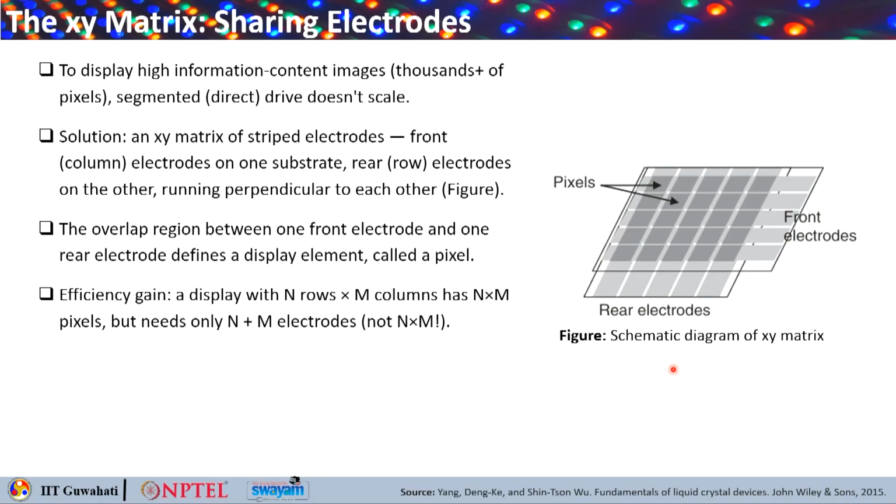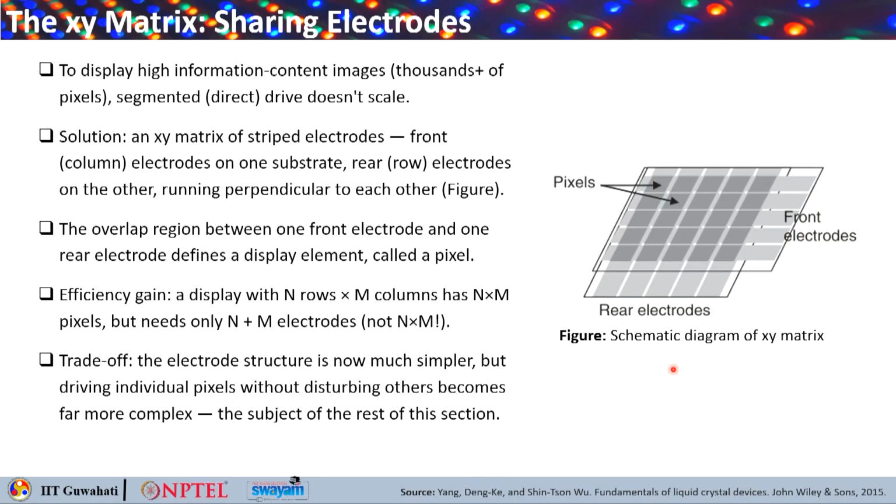So for any n row by m column display, you only need n plus m electrodes to address n times m pixels. That is a huge simplification for something like a million pixel display, because n cross m electrodes would have been impossible to wire, but this is much simpler.